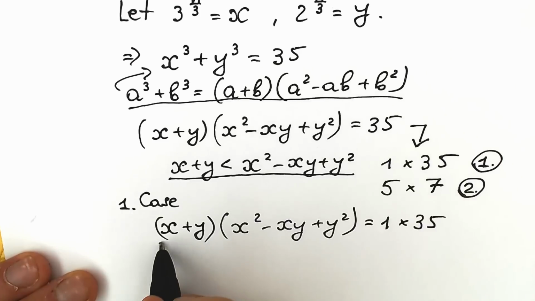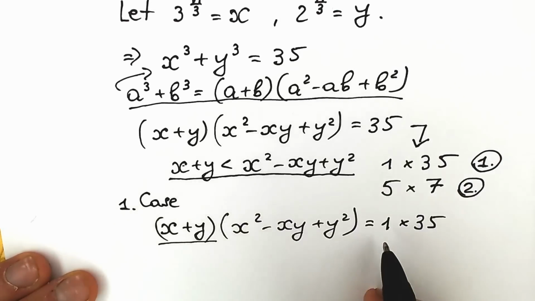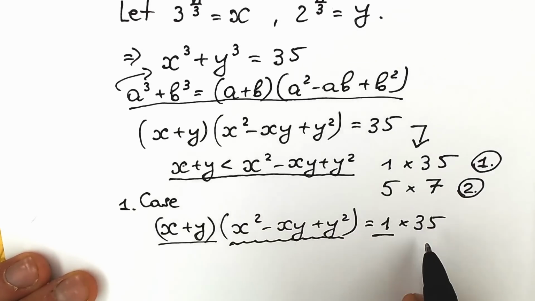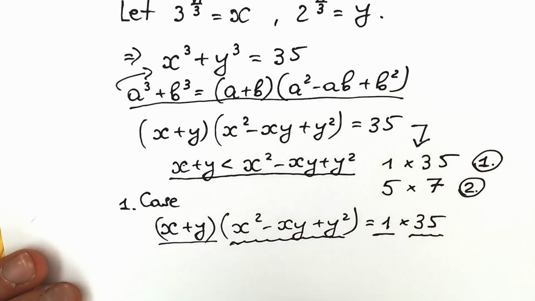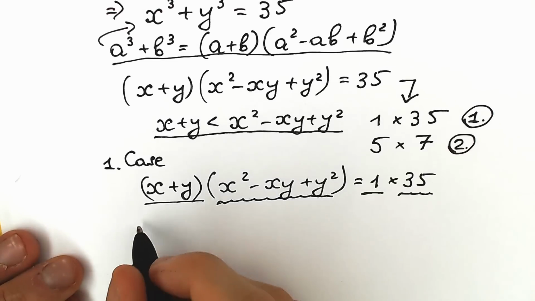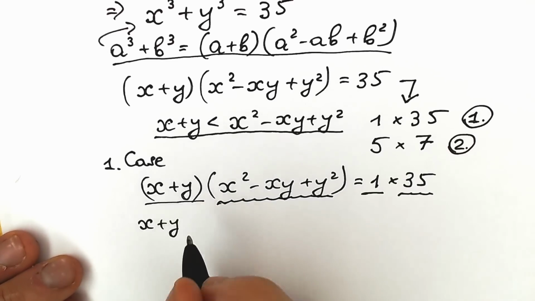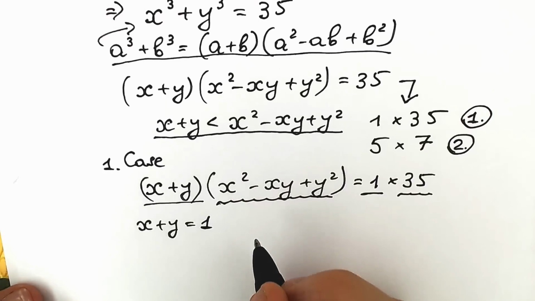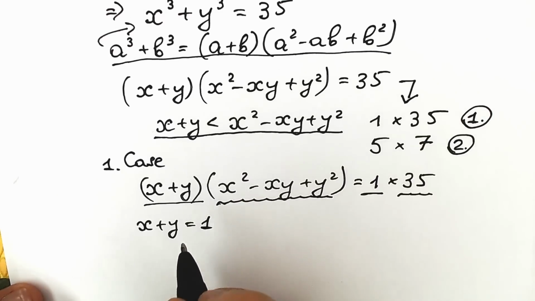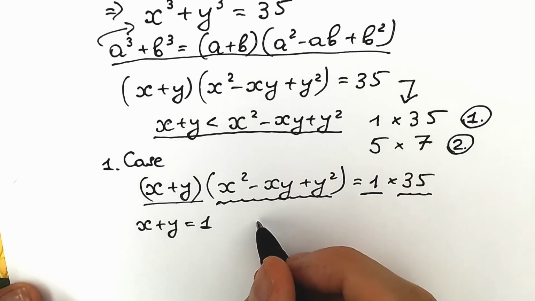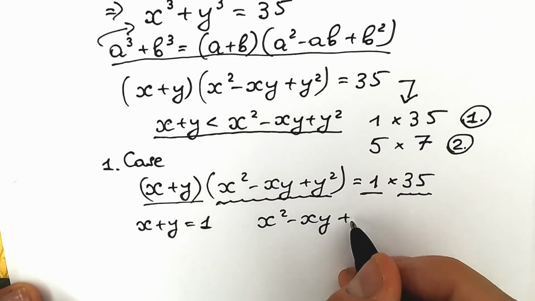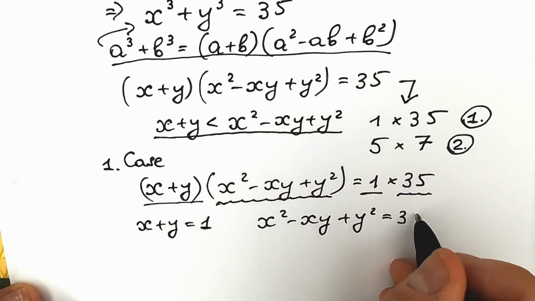From here, this one is less than this one, so x plus y equals 1, and this parenthesis equals 35. So right now, let's solve our first case. We have x plus y equal to 1, and the second, x squared minus xy plus y squared equal to 35.